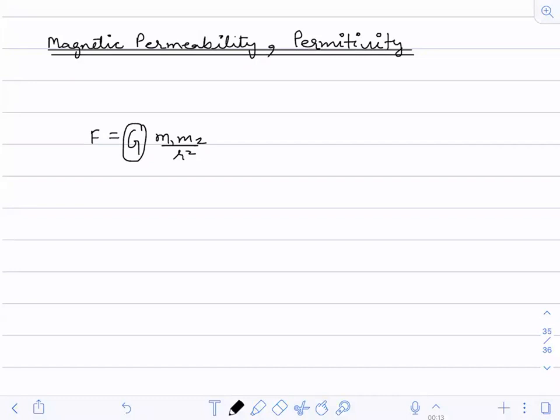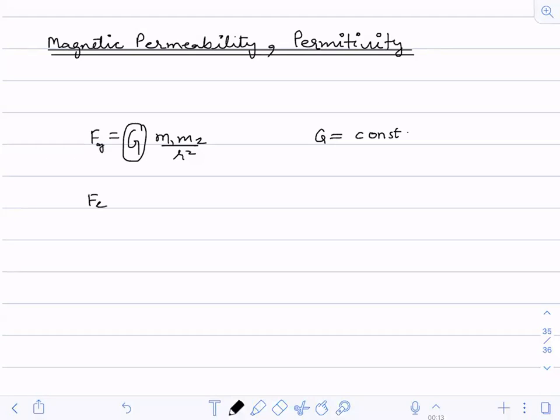It was constant. Irrespective of the medium, the G value will always be constant. This was about the gravitational force.